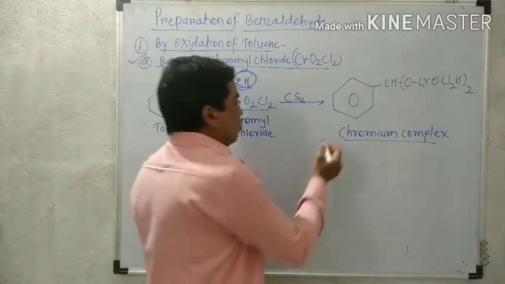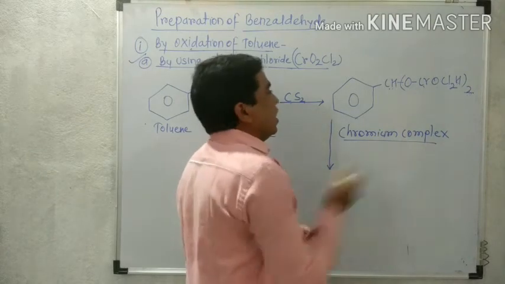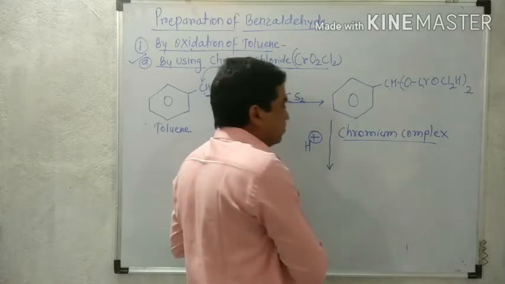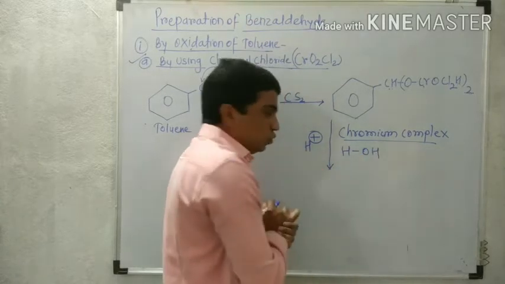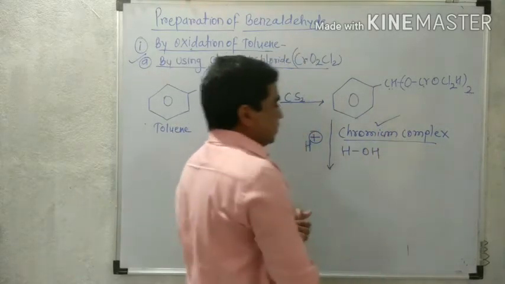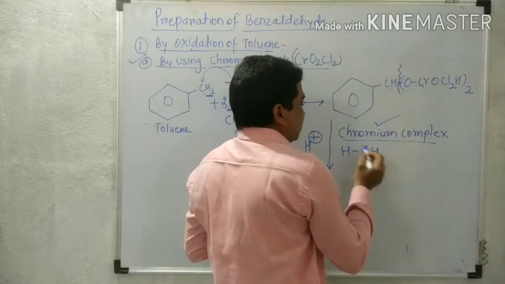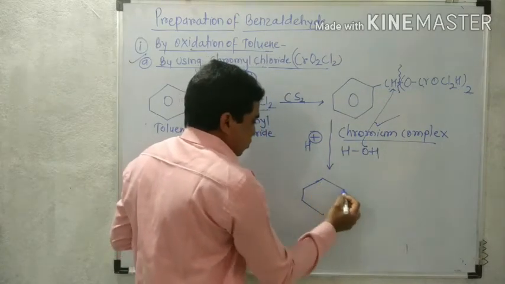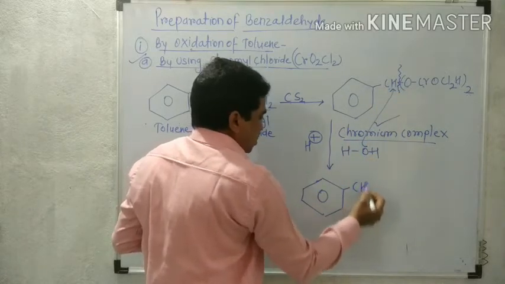After formation of the chromium complex, it undergoes acid hydrolysis. It means in the presence of acid H plus, it reacts with water. So the second step is hydrolysis of the chromium complex. In this hydrolysis, the breaking of this bond takes place. The oxygen atom from the water is added to the CH, so CH plus O gives CHO.